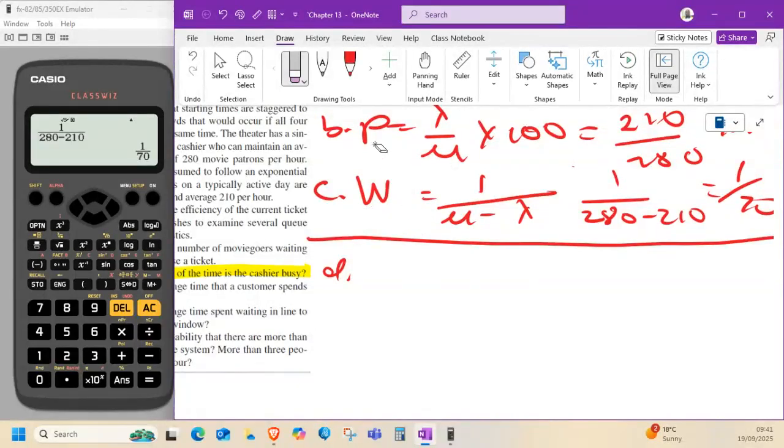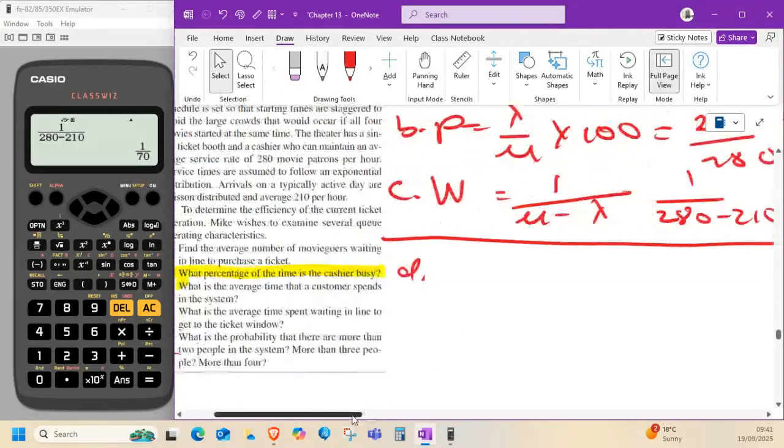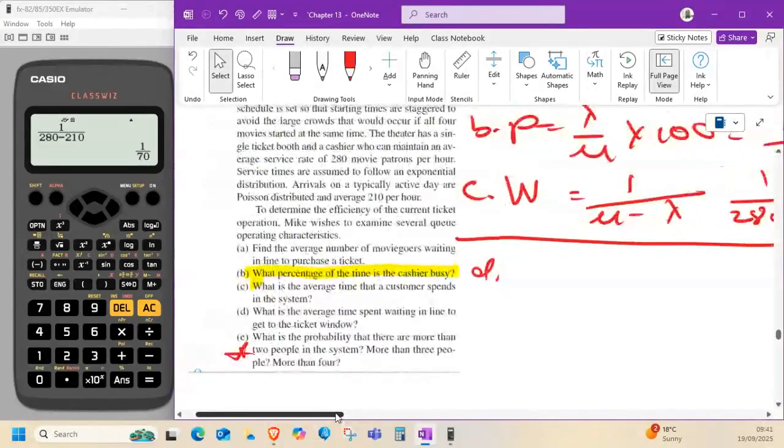What is the formula? W, the average time spent in the system, that is this one. On D, are we not looking for WQ? Definitely, that's what I'm saying.